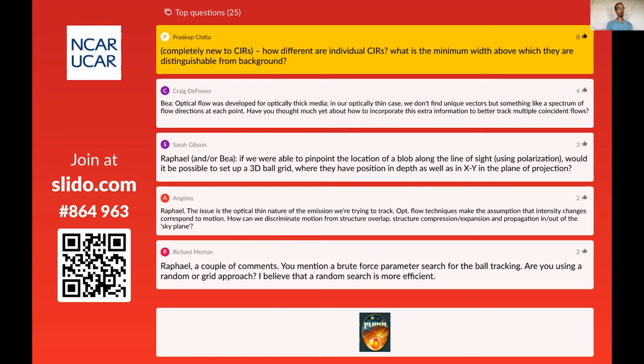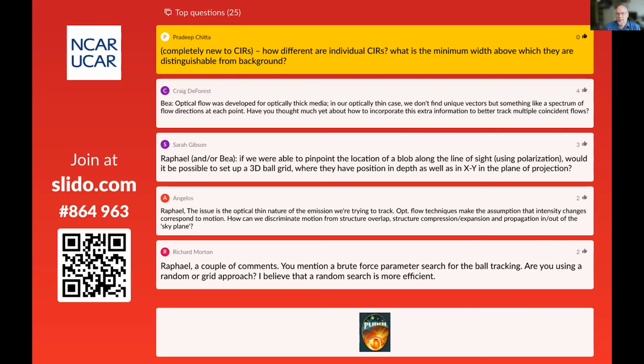Craig, I see that you have an answer in the Slido. Do you want to elaborate more on what you wrote under Pradeep's question? Sure. From the very few imaging studies that we have, CIRs aren't even the same as themselves. Which is to say, the ones in the Woods paper, and the ones I've analyzed and not published, I'll show one a little later in the afternoon.